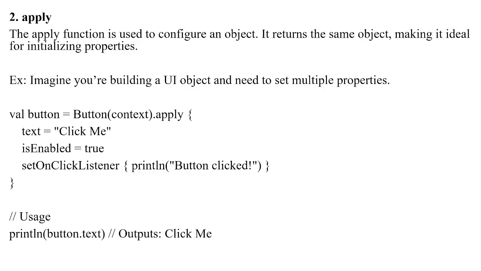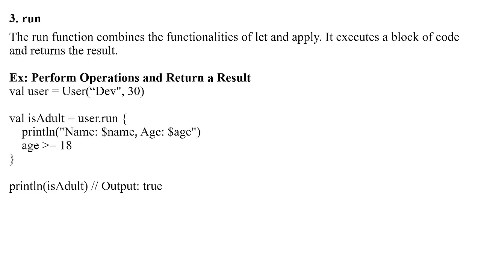We can also set a click listener where we print "button clicked", and if we want to print the text of the button, we can use println(button.text). So when we need to initialize or modify an object, we use the apply scope function.